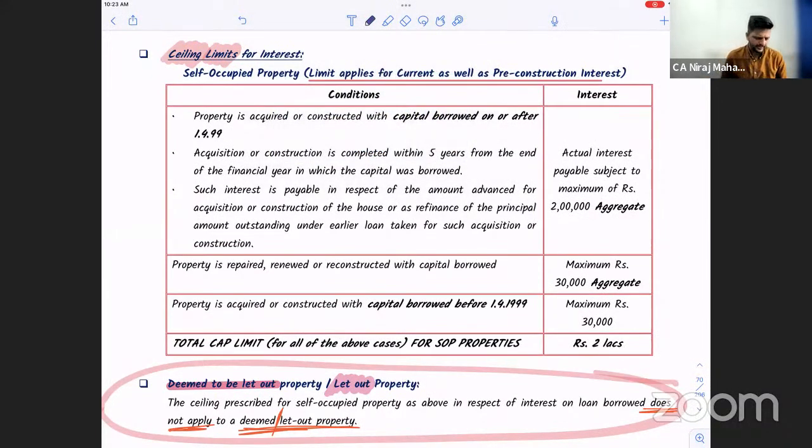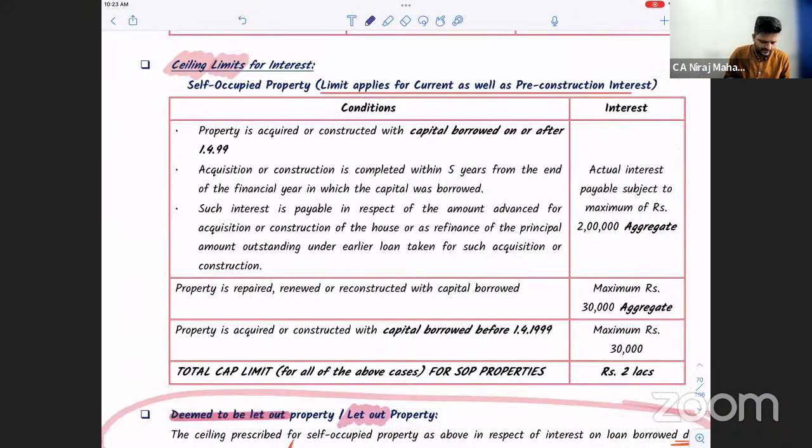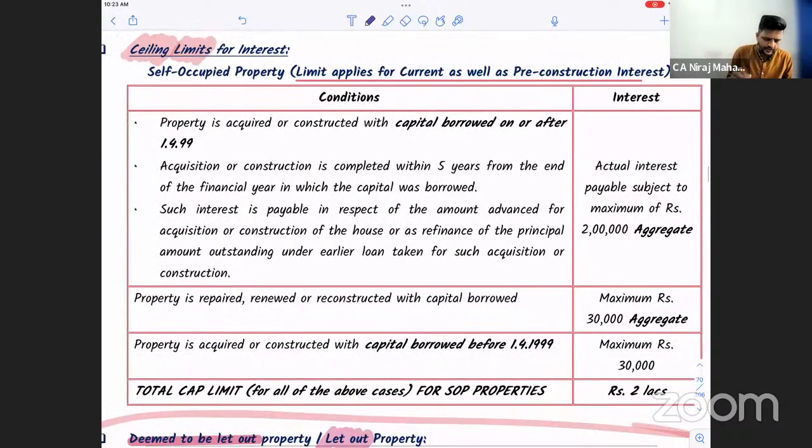Point number one. Again we have some conditions. What are the conditions? Properties acquired or constructed, either purchased or constructed, with capital borrowed on or after 1st April 99. So obviously in the syllabus, wherever you see changes from 1st April, that means it is from that particular Finance Act or the new financial year.